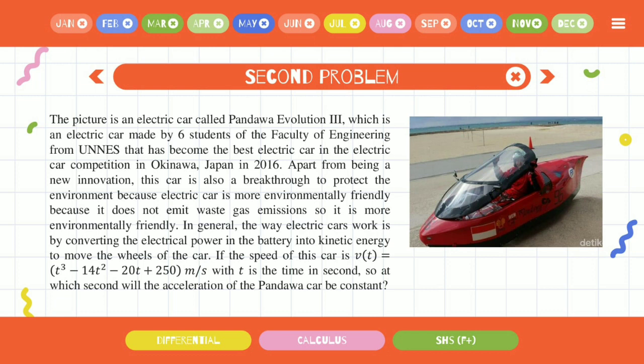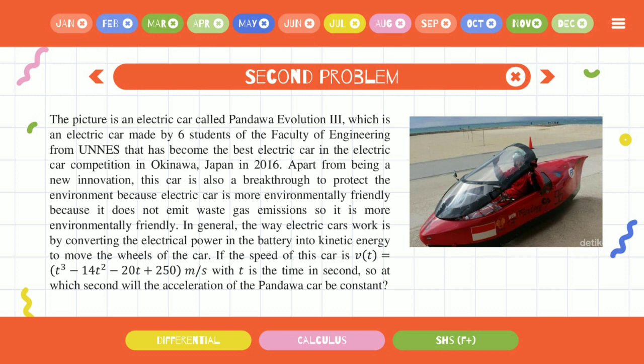This car became the best electric car in the electric car competition in Okinawa, Japan in 2016. Because the Pandawa car is an electric car, it's more environmentally friendly because it doesn't emit waste gas. So this is in accordance with UNES, which has a conservation perspective.